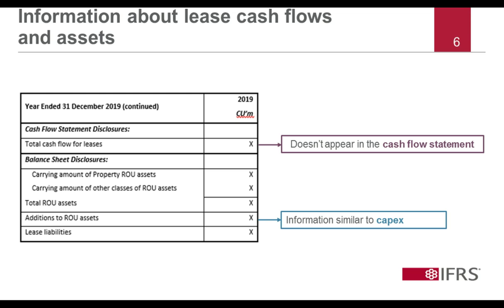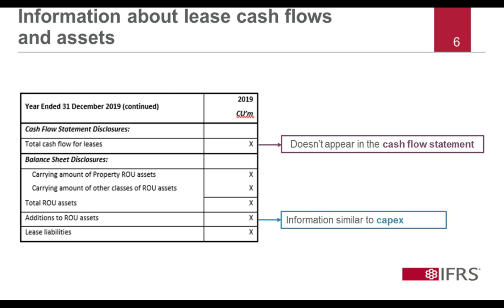One consequence of that treatment is that the total cash outflow for leases will not necessarily appear on the face of the cash flow statement because those cash flows will be split, for example, into capital repayments, interest, and other items such as variable lease payments. Users of financial statements consistently told us that the total cash flow for leases is an important piece of information. And because this won't appear on the cash flow statement itself, we've included this in the disclosure requirements.